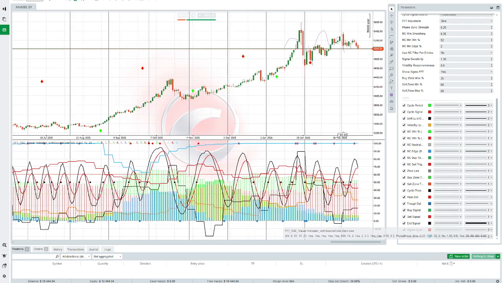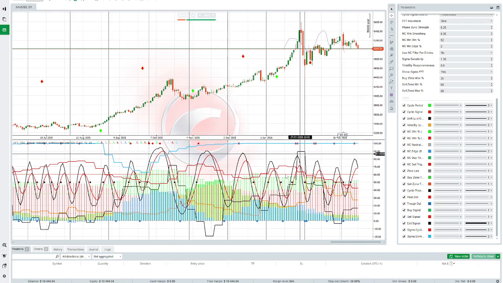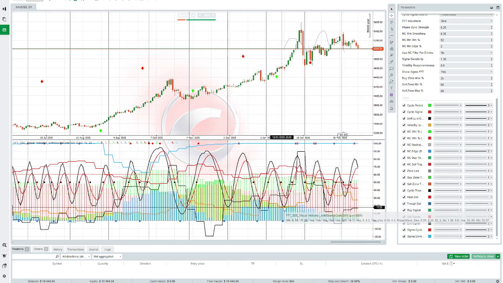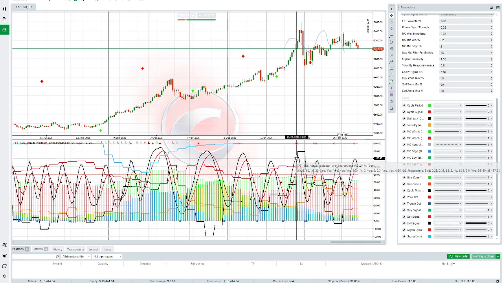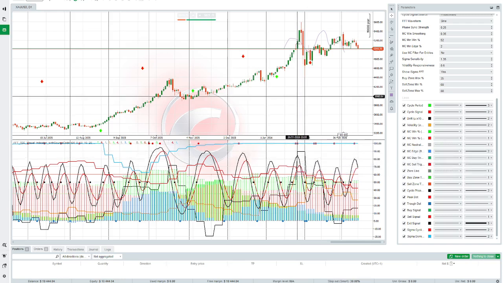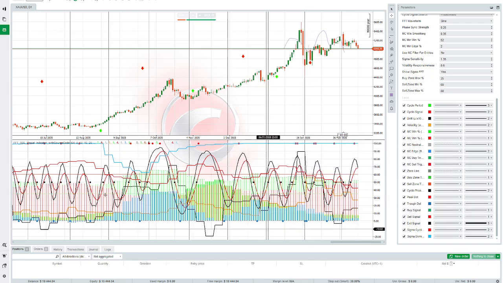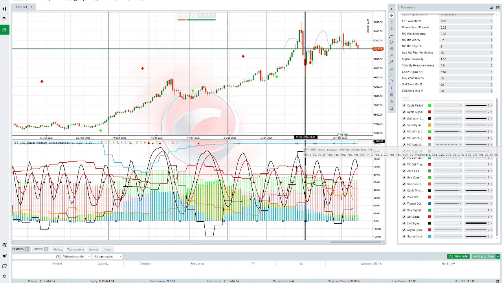That's how it works. You have the bottom of the cycle here, that's your buy signal. You have the top, the red dot pops up, and the red arrow pops up, and there's the sell signal. That's the cyclicality of price.